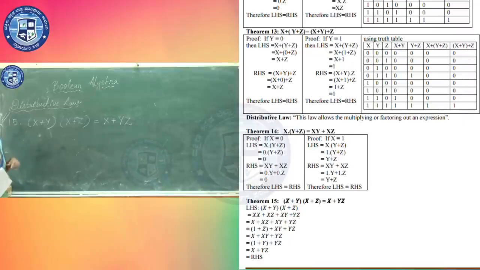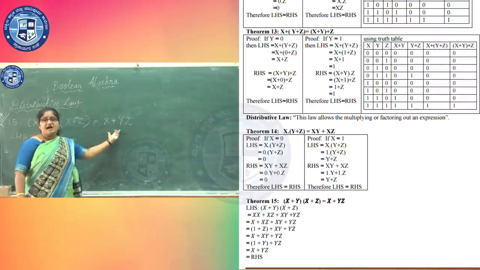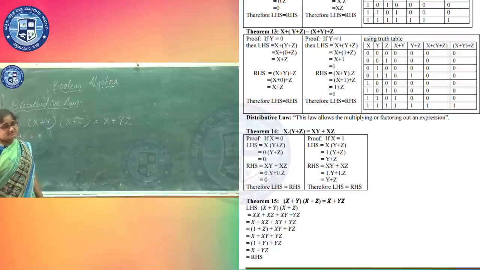We are proving it by using the other theorems which we have already studied. So first let us take the LHS. After solving we will get the RHS as the result.